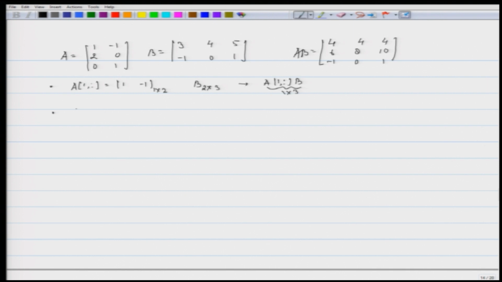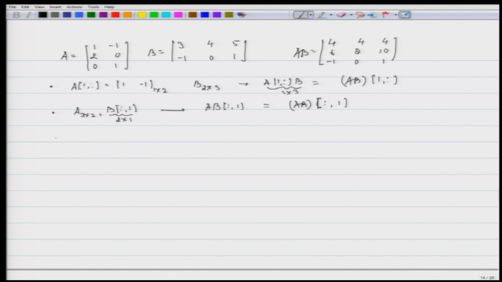I also looked at A, which was 3 cross 2, and B was the column wise I looked at. So B was 2 cross 1. It gave me a matrix of size I could talk of. So this was A, B, the first row. This is A, B, the first column.